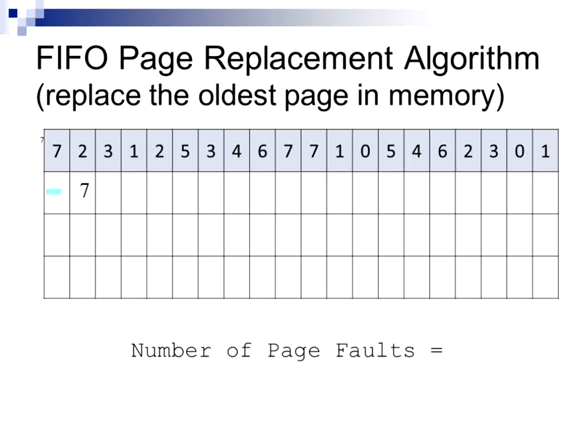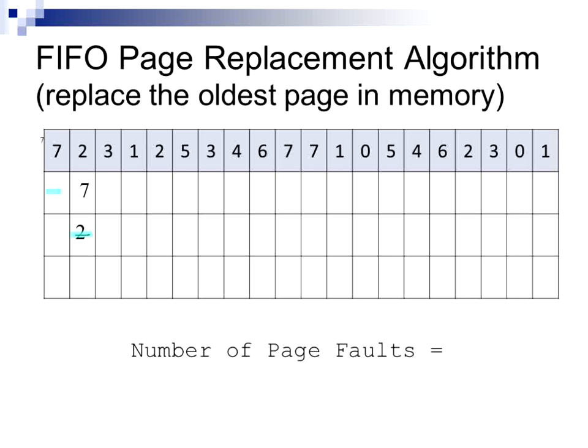So we have an open slot, so we'll put 2 in memory, and that's another page fault. Okay, easy so far, right? We have pages coming into memory, and we have page faults occurring.